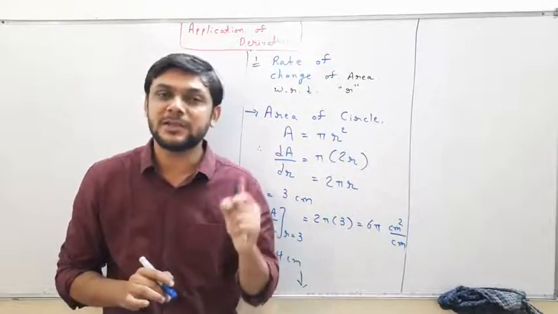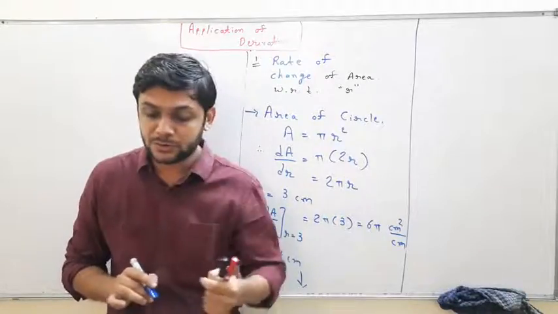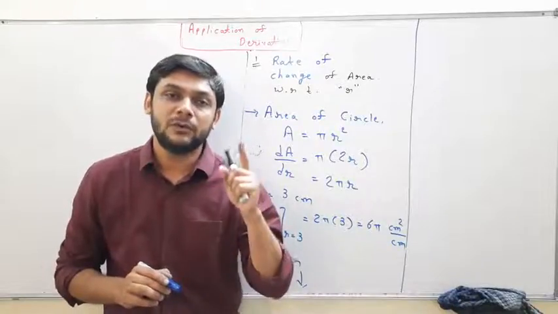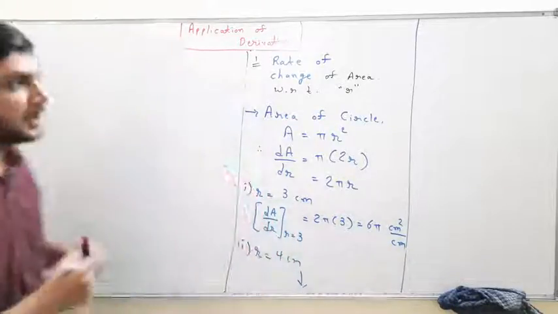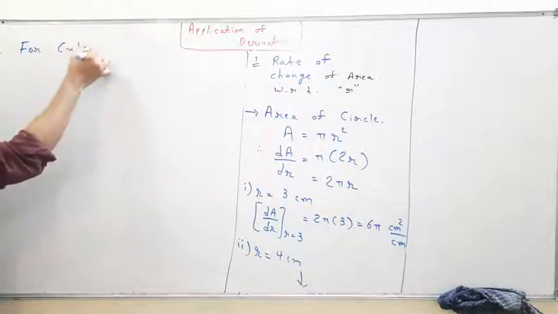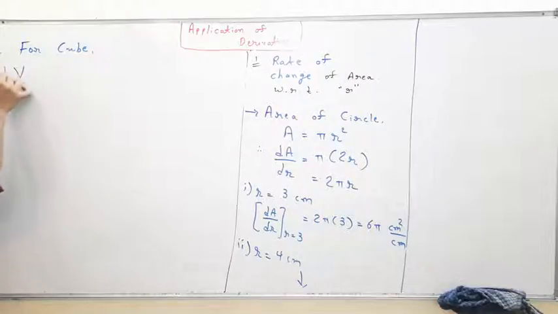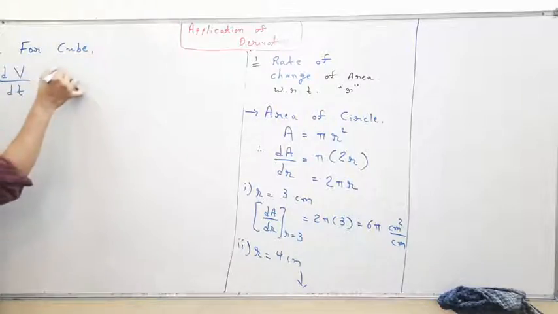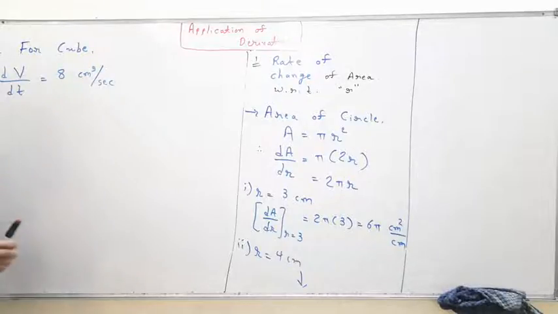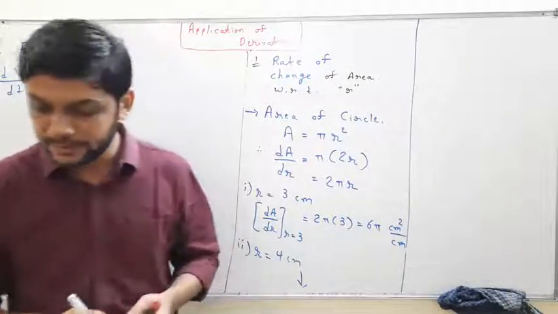The unit, centimeter cube per second, also shows that it is with respect to time. So here given is dV by dt is 8 centimeter cube per second.